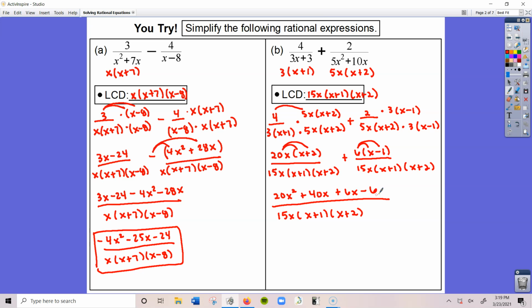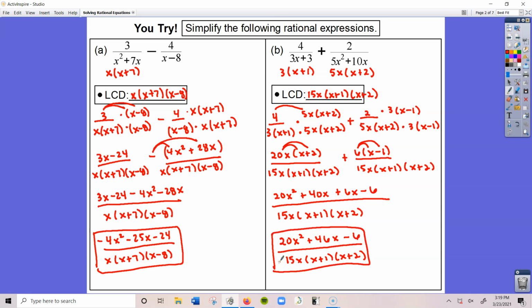Now we combine like terms, so we get 20x squared plus 46x minus 6 all over 15x times x plus 1 times x plus 2. And that would be my final answer.